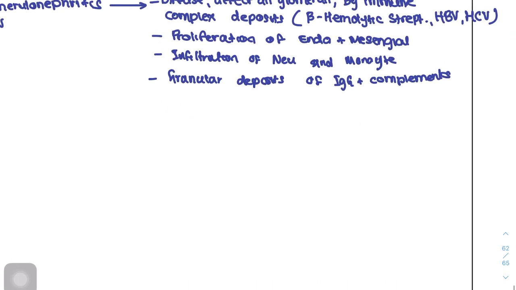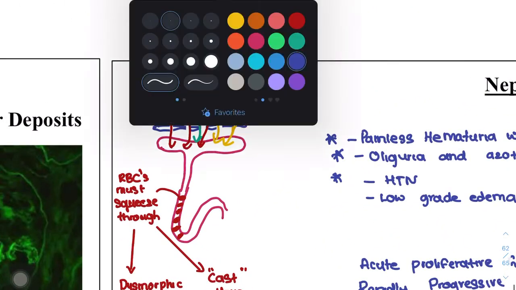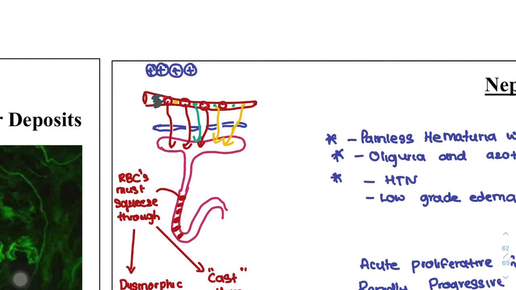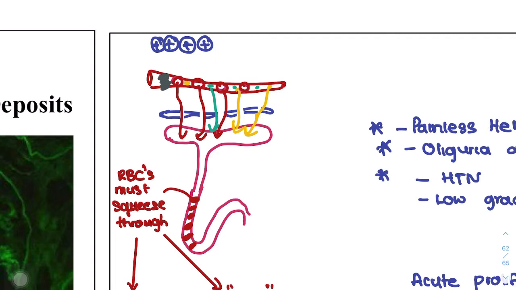And this is important. There is a very high risk of thrombi in capillaries, which can lead to necrosis of the capillary wall. Thrombi in capillaries plus necrosis of capillary walls. So thrombi can come here. It can block off the blood supply, and it can lead to necrosis of this whole area.